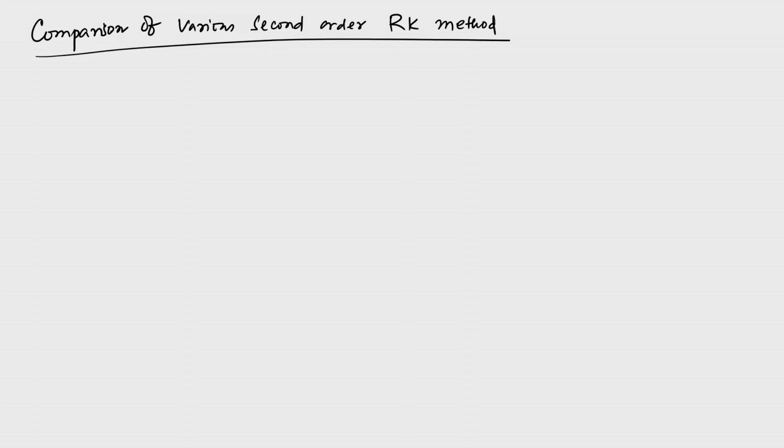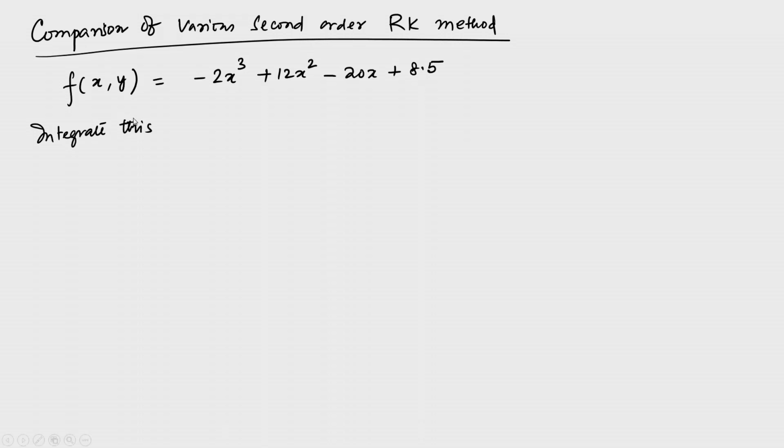Let us take this example: f(x) is only a function of x, equal to minus 2x cube plus 12x square minus 20x plus 8.5. So, you integrate this; what it means is that your y prime or dy/dx is equal to this.